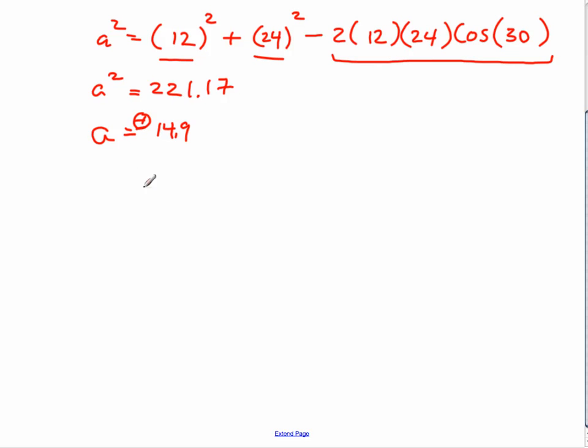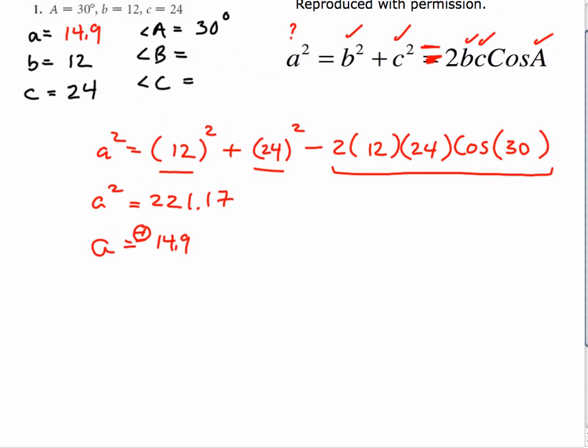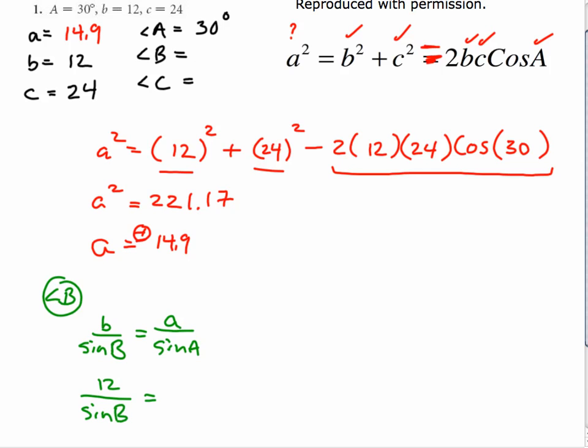I'm going to figure out angle B. So I need to use b over sine B, and then I know a and angle A, so I'll use a over sine A. So 12 over sine of B, which I don't know, equals 14.9 over sine of 30.